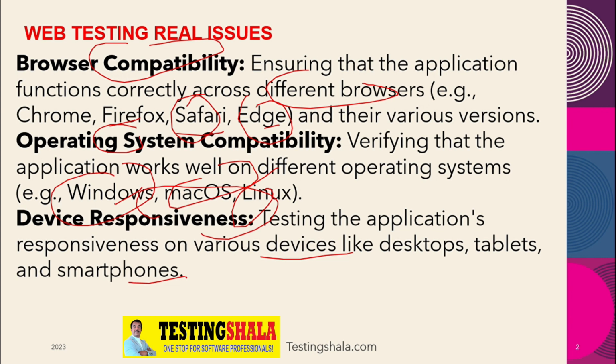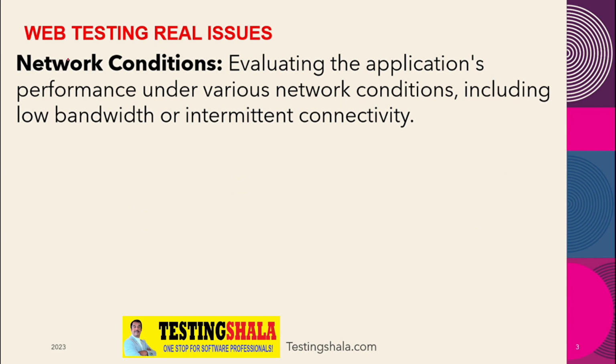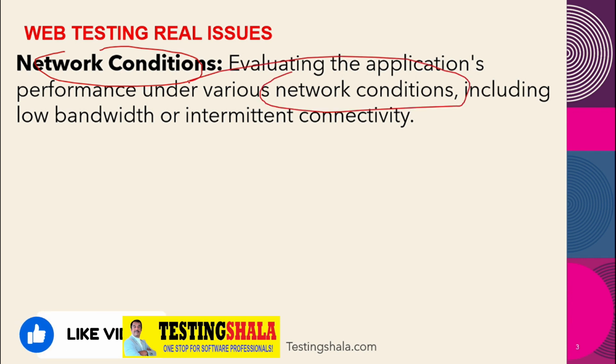And the next one is network conditions, which is also very crucial here. Whenever we are trying to test the application, we should have the right kind of network conditions. We should maintain our test labs for low bandwidth or intermittent connectivity issues. Different real-time issues also we should be able to identify, and we have to test that. We have to simulate different networking conditions and test it.